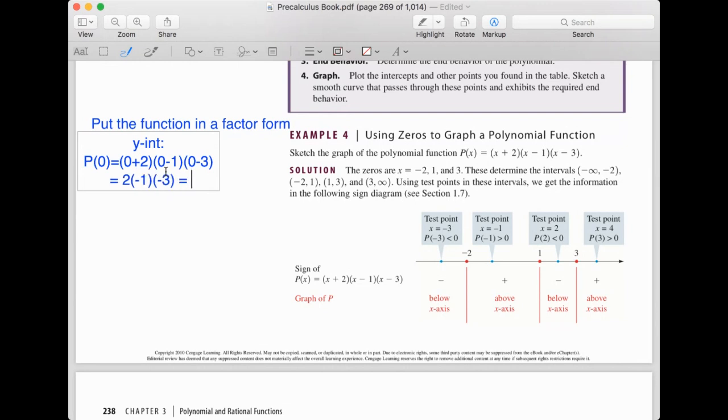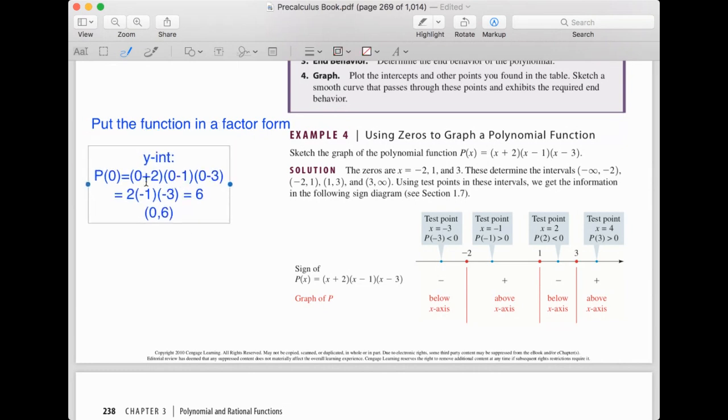That ends up -1 times -3 is a positive 3, and 2 times 3 is 6. So our y-intercept is the point where the x value is 0 and the y value is 6.